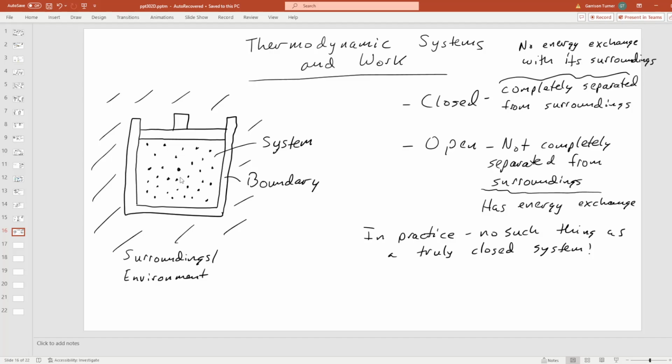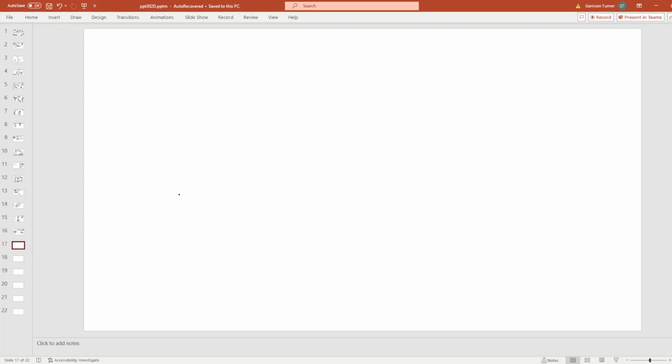So the next thing to address is this issue of work. And again, we're going to use our container with the piston, and again we have gas particles in here.